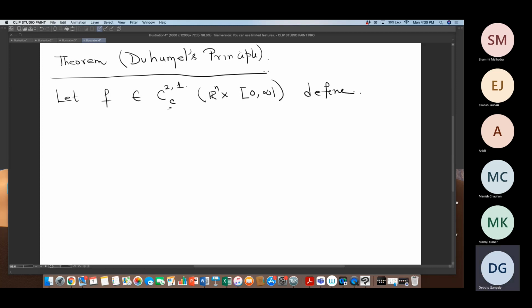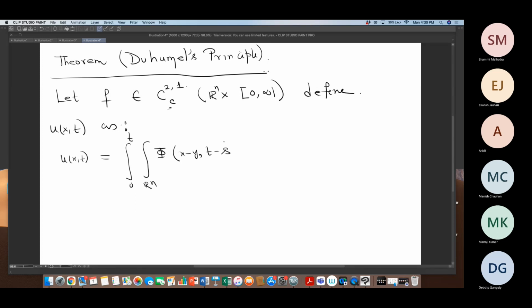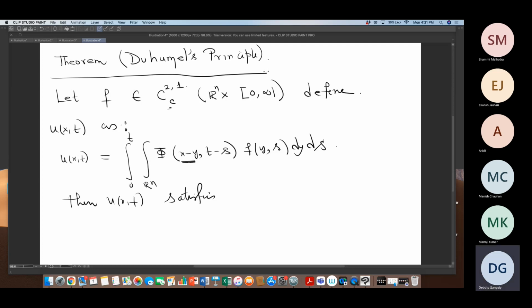Define u(x,t) as follows. Now you have a translation in y as well as a translation in the time variable, with f(y,s) as a two-variable function. Then u(x,t) will satisfy the following.